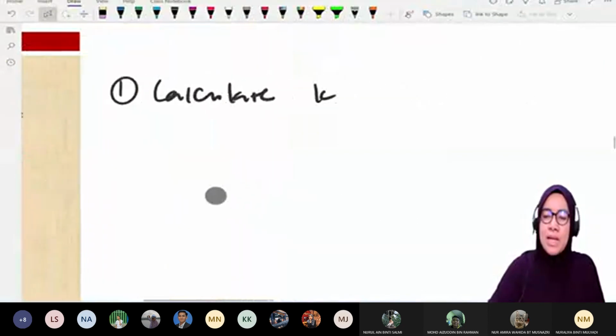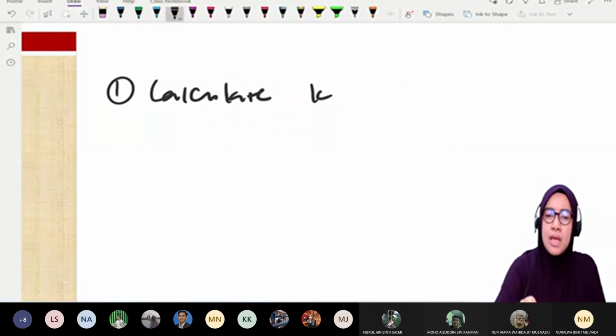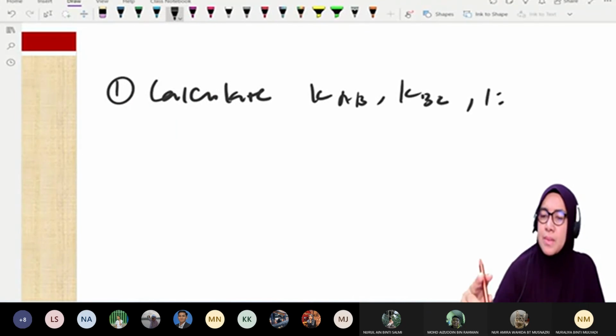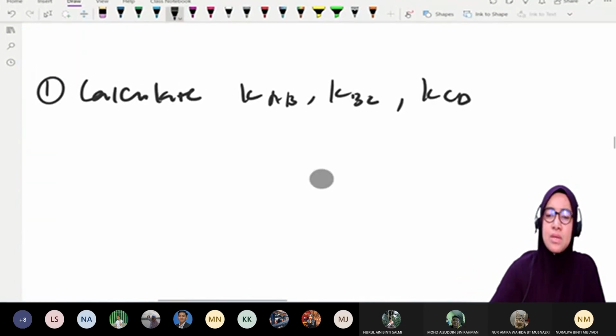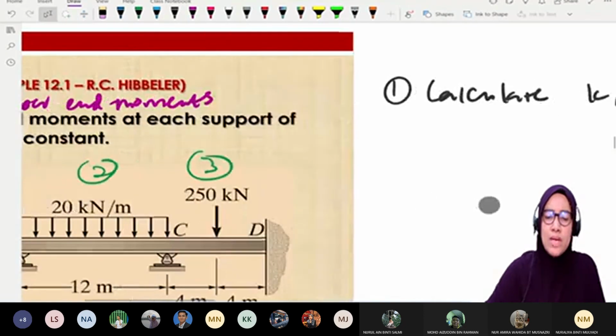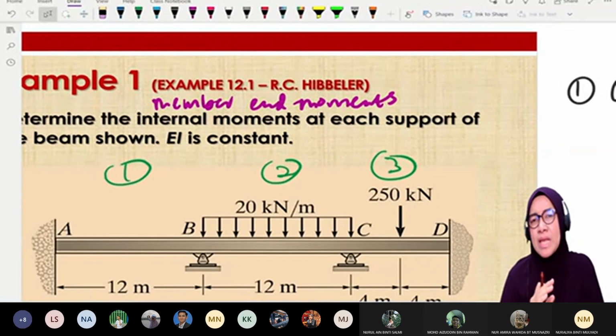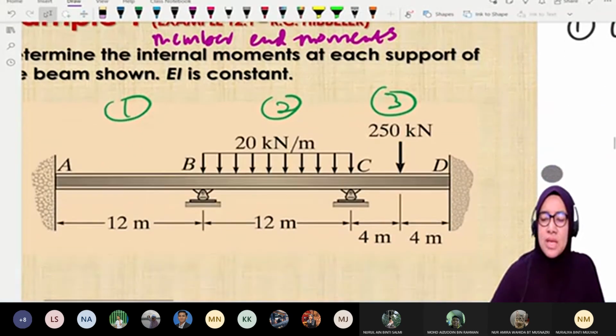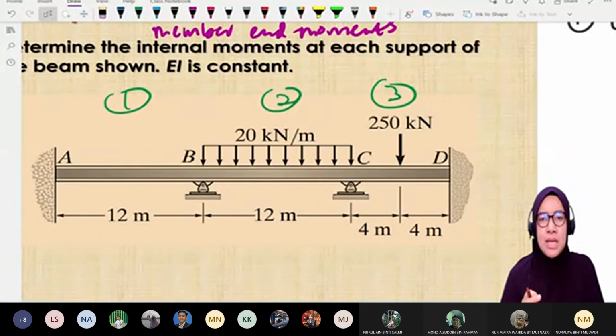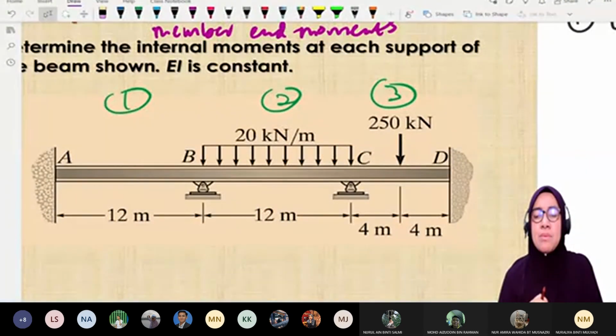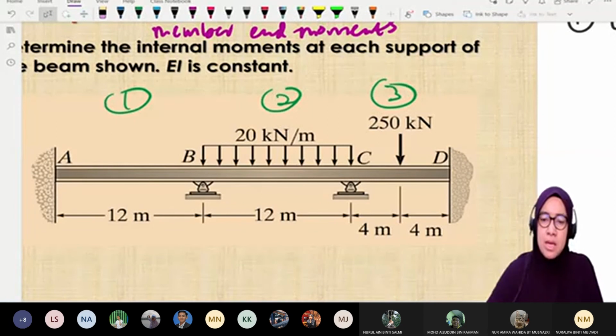We will calculate K1 or KAB, and then KBC, and then KCD. By looking at the diagram, A is fixed, D is also fixed. So for each member we use 4EI over L. AB and BC have a length of 12 meters, CD is 8 meters.